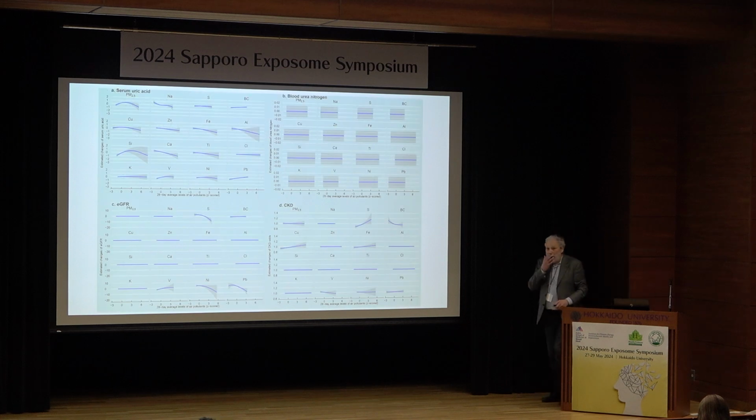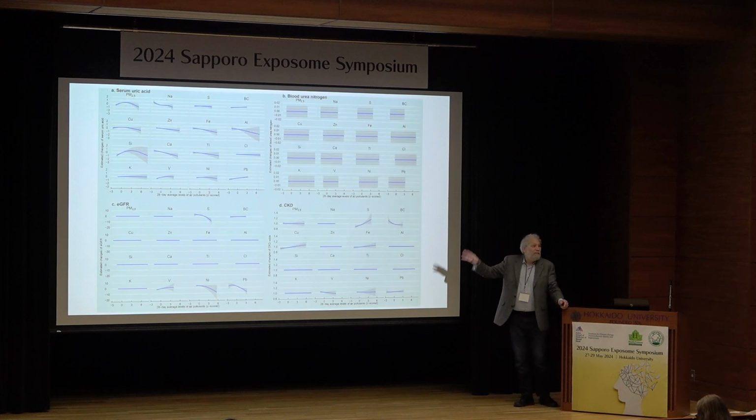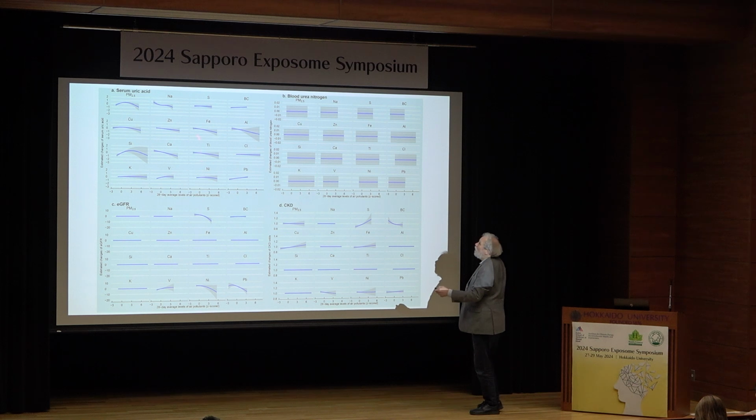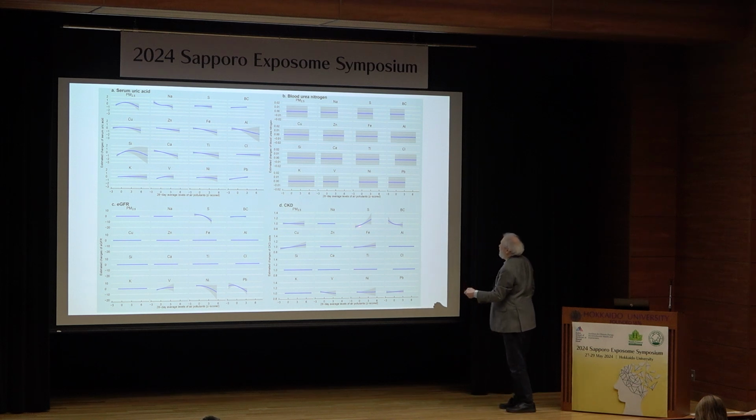And then we get these non-parametric smooth dose response curves for all of the components, and they don't have to all be going in the same direction. So for chronic kidney disease, you can see for sulfur, it's clearly going up, almost linear.